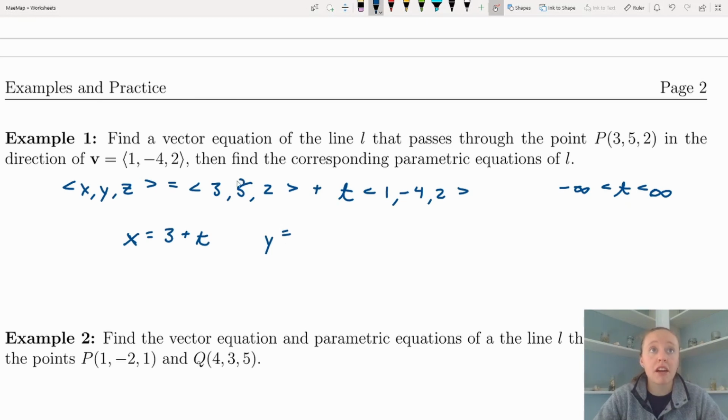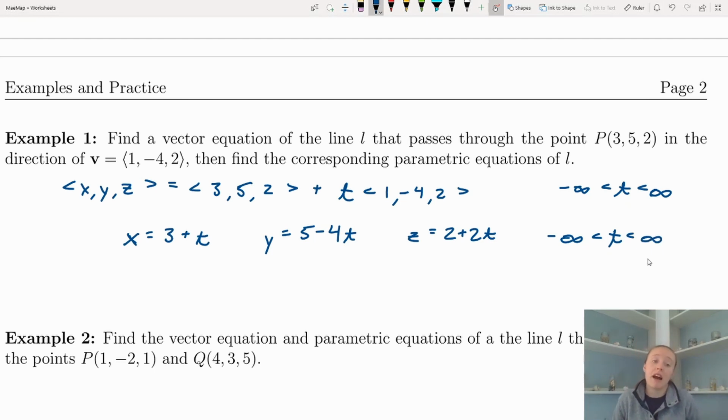Y is going to be 5 plus negative 4 times t, so I'll write that as 5 minus 4t, and then z is going to be 2 plus 2t. And again, that's negative infinity less than t less than infinity. So there we have it as a vector equation and as parametric equations.